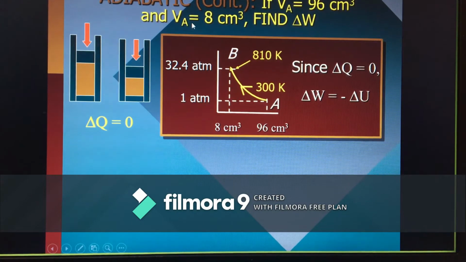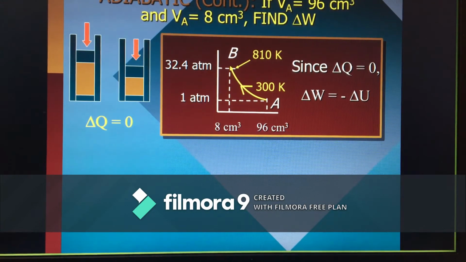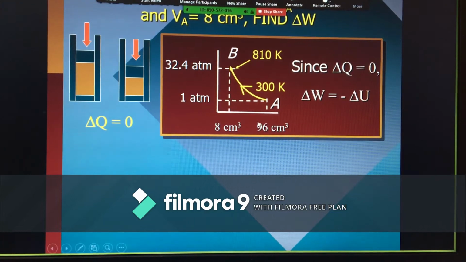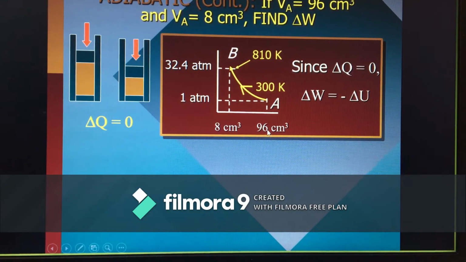I'll change it. This should be VB. So VB is 8 centimeter cube, and at A, that is 96 centimeter cube.